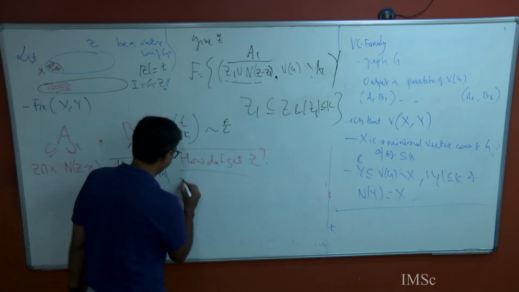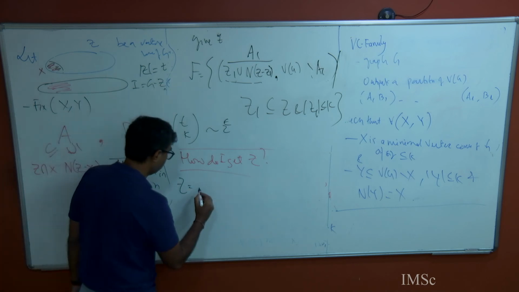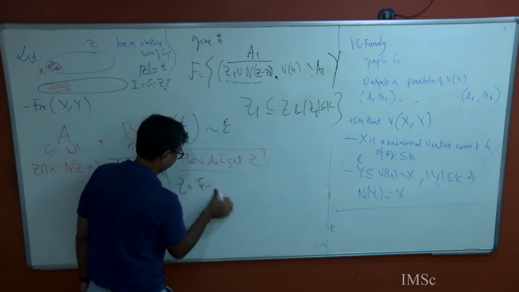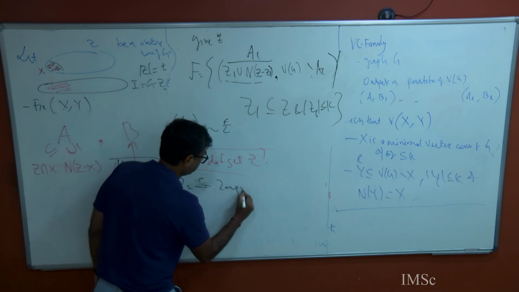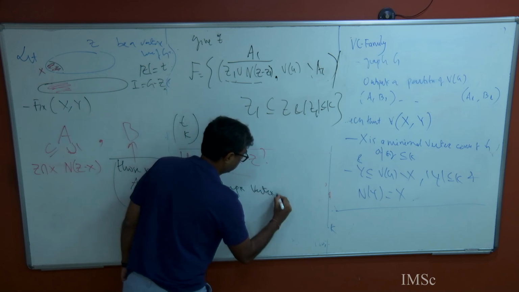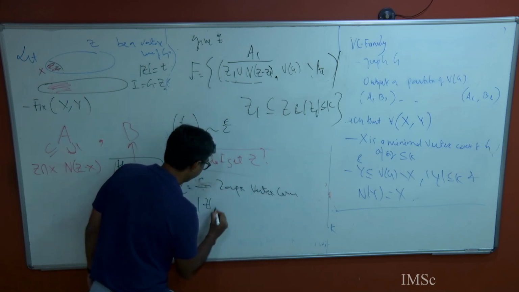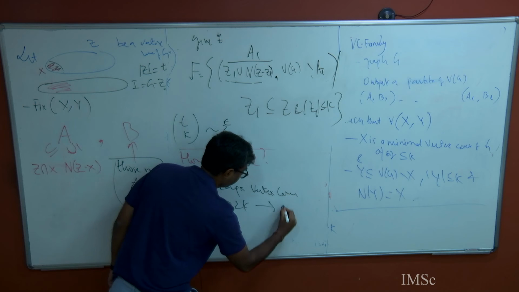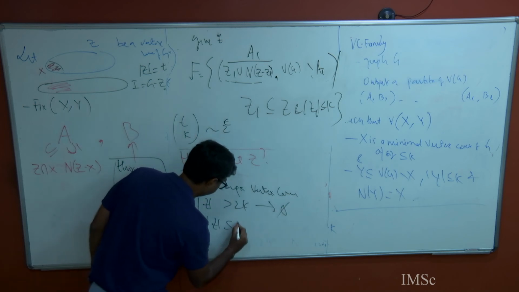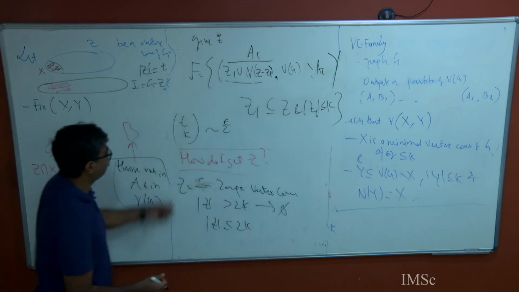So, what is Z? Find a 2-approximate vertex cover, right? If the size of Z is more than 2k, empty, else Z is less than or equal to 2k. So, 2k choose k is this.